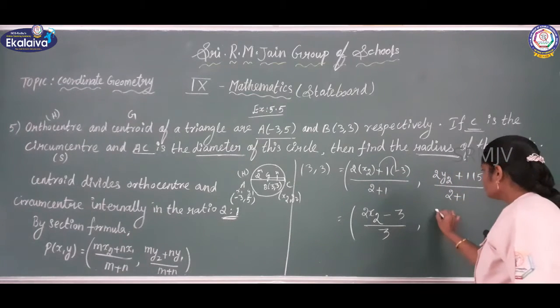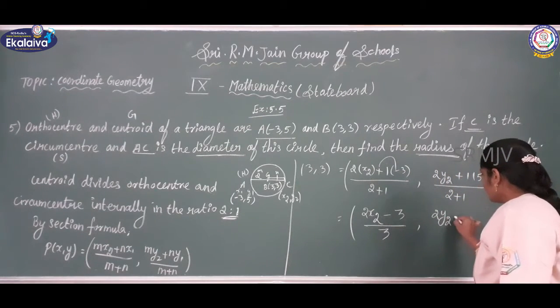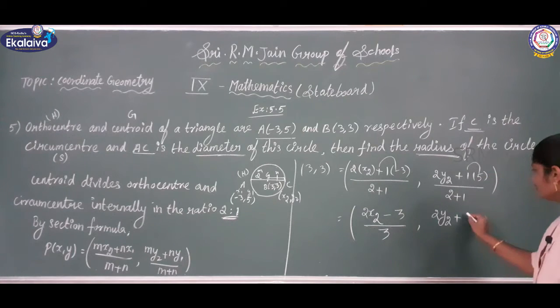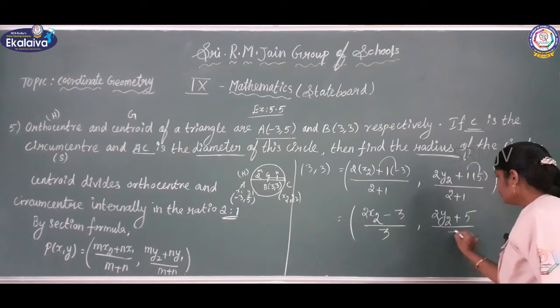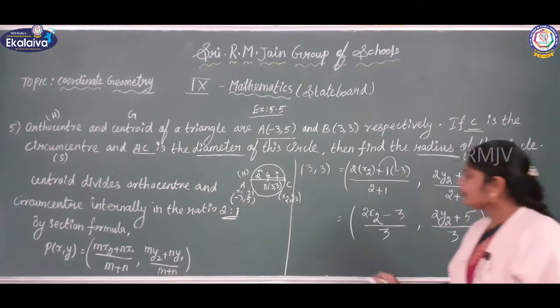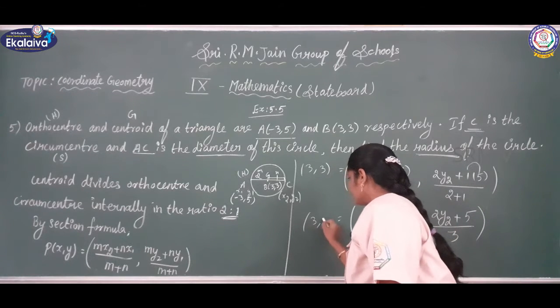So (2x2 plus 1 into minus 3) divided by 3, comma (2y2 plus 1 into 5) divided by 3.